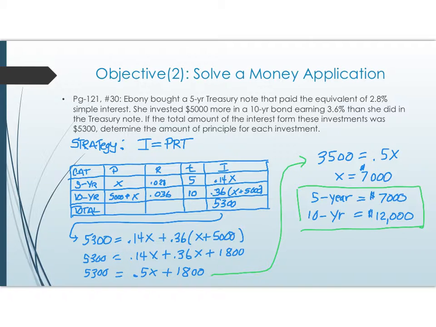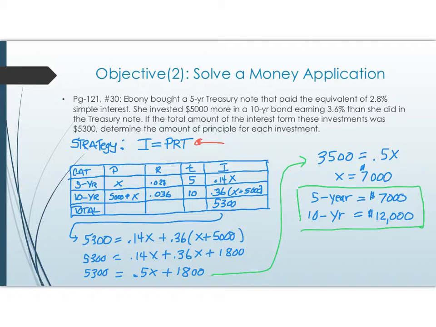If the total amount of interest from these investments was $5,300, determine the amount of principal for each investment. The strategy is the interest is equal to the principal times the rate times the time. So that's the formula that we're going to be using in this problem.